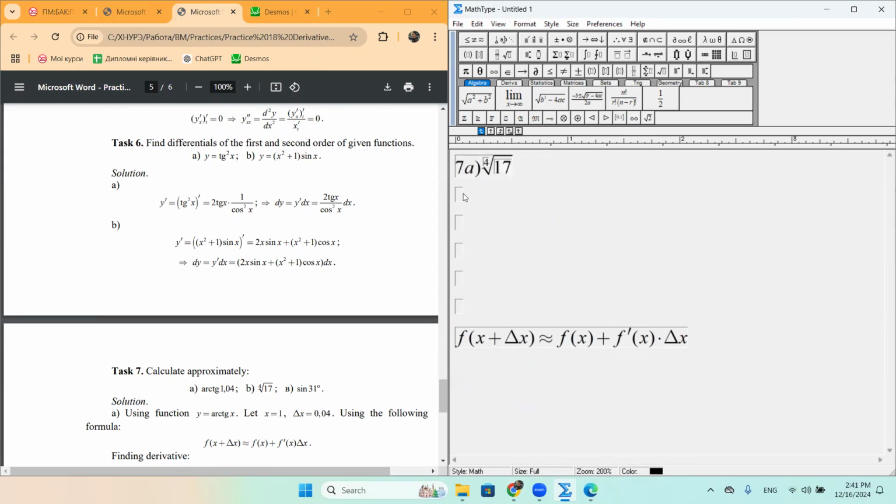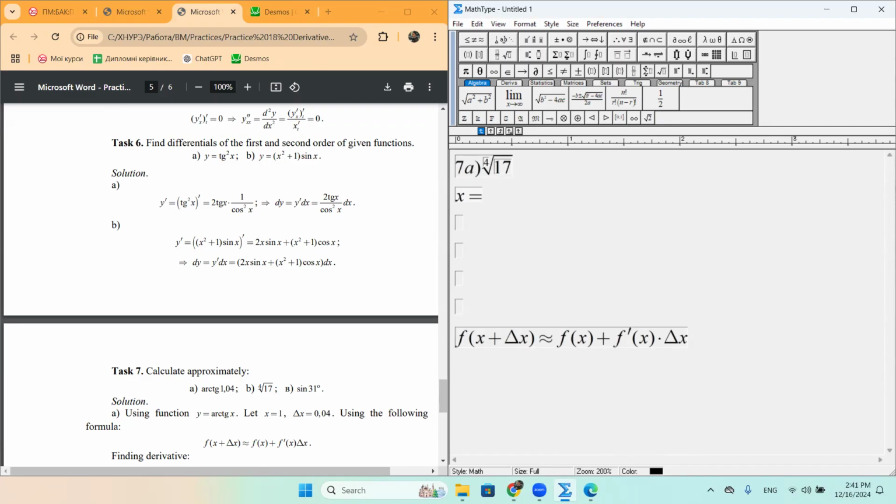So which value will we use for x? Your suggestions.